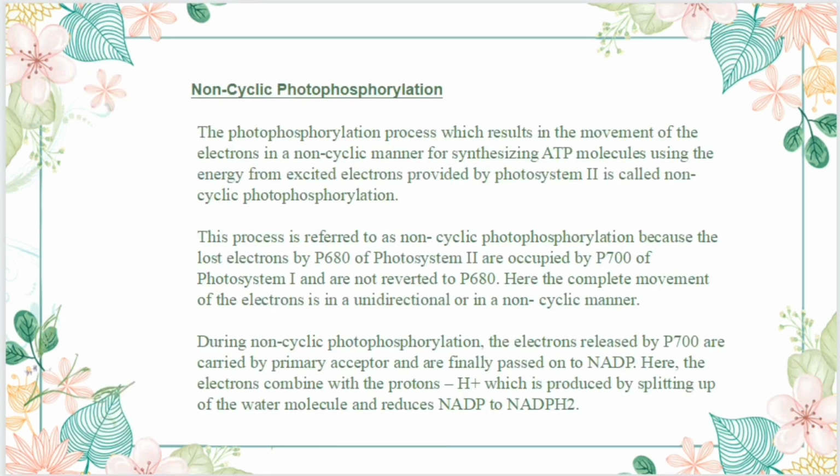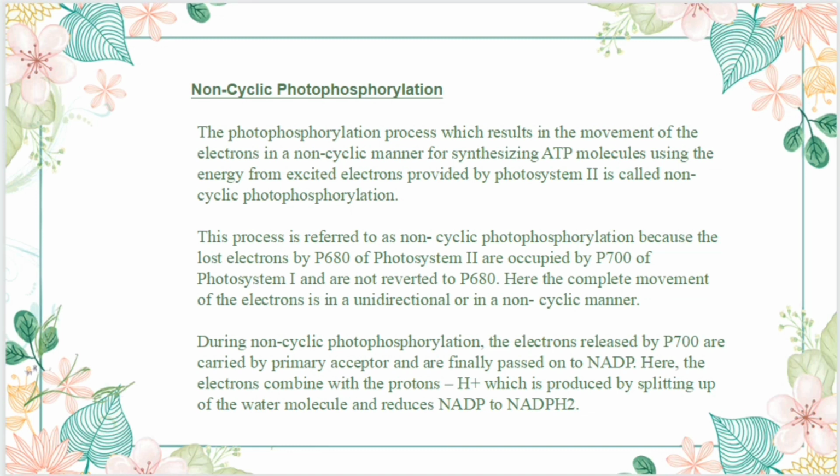Next, non-cyclic photophosphorylation. The photophosphorylation process which results in the movement of electrons in a non-cyclic manner for synthesizing ATP molecules, using the energy from excited electrons provided by photosystem 2, is called non-cyclic photophosphorylation.